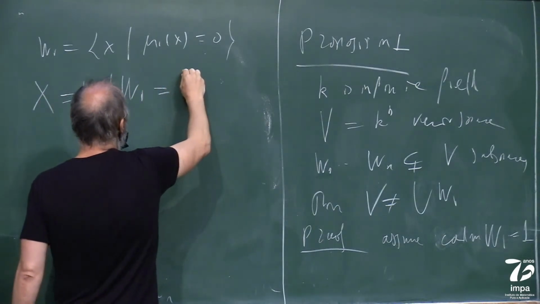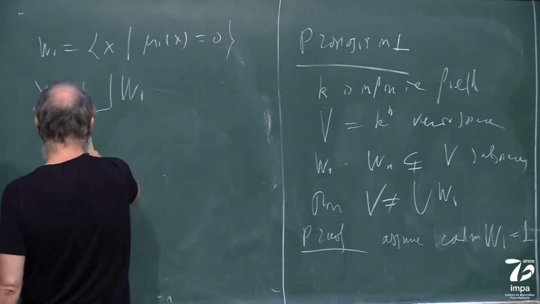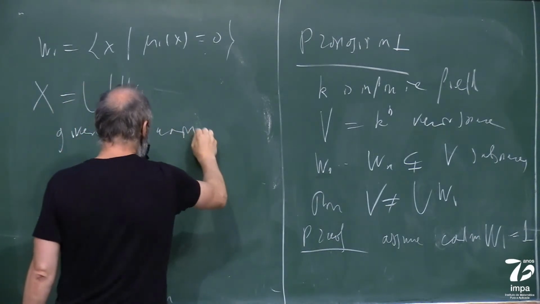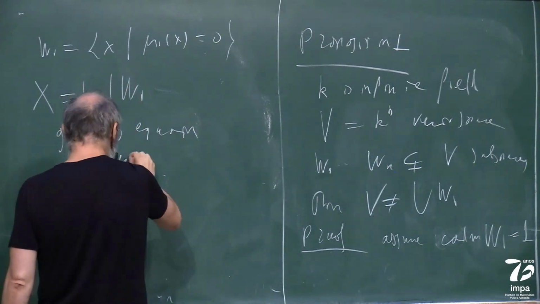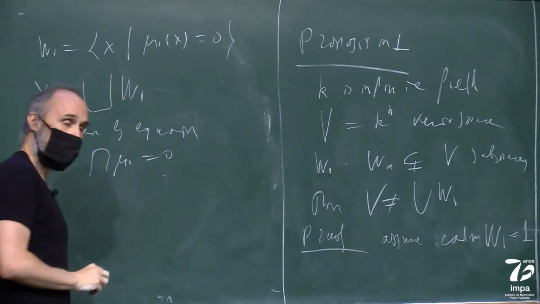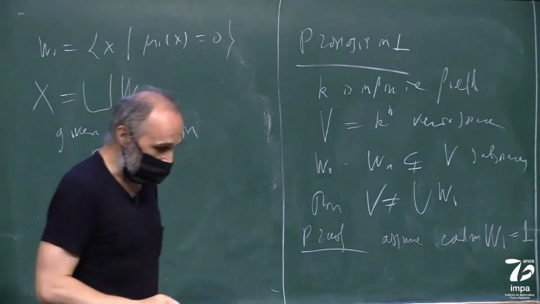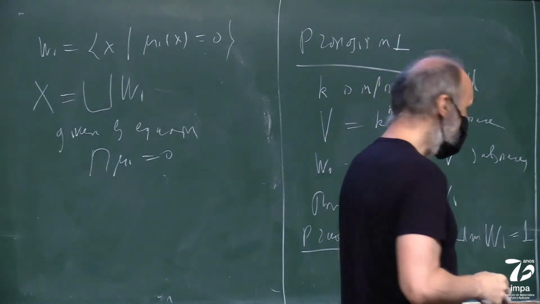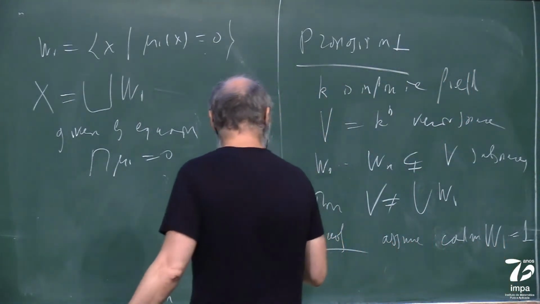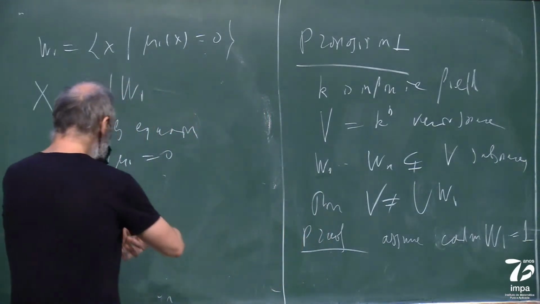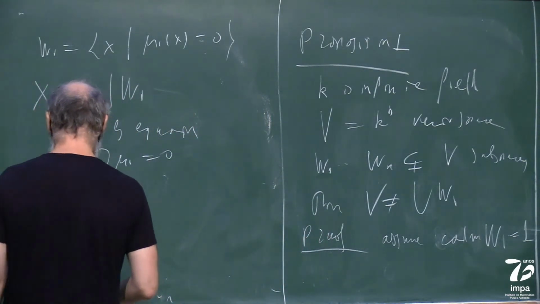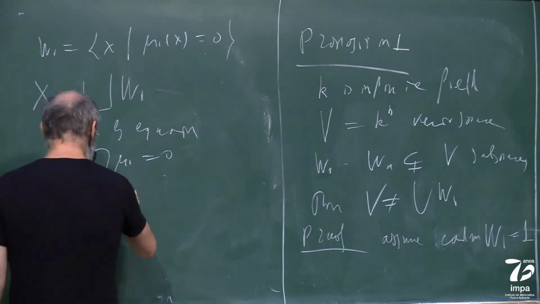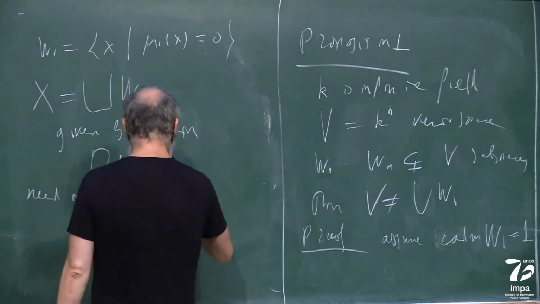It's given by the equation product of all mu_i is equal to 0. And we want to show that this algebraic variety, which is a divisor, is not everything. There are points which don't lie in this divisor. So we need to show that X is not everything.